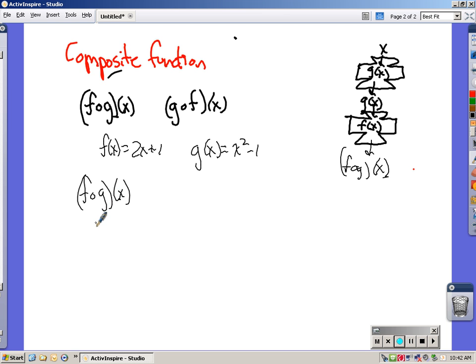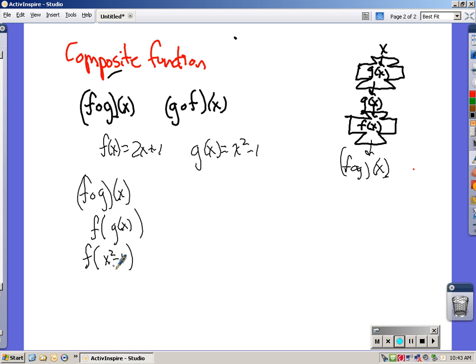So what this means is you're literally going to take g of x and plug it into f. g of x basically says g of some input is that input squared minus 1. My input's x, so g of x is x squared minus 1. So f of x squared minus 1.